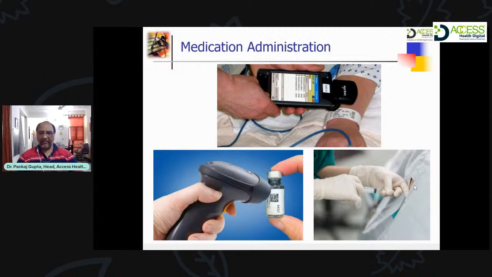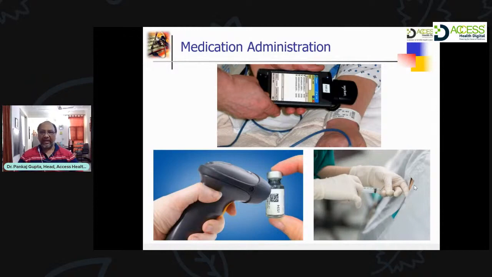Then the system matches all of this information and says this is the patient for which the order was given, this is the patient for which the drug was dispensed, and this is the same drug that was dispensed and ordered. Once all those confirmations are done, the system gives a beep and says yes, you can administer. And that is when the nurse will take out the medicine, load it into a syringe, or whatever the route of administration, and do the administration.